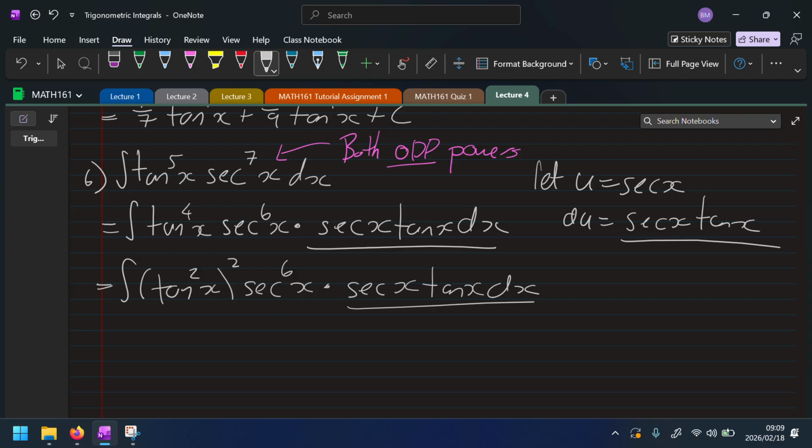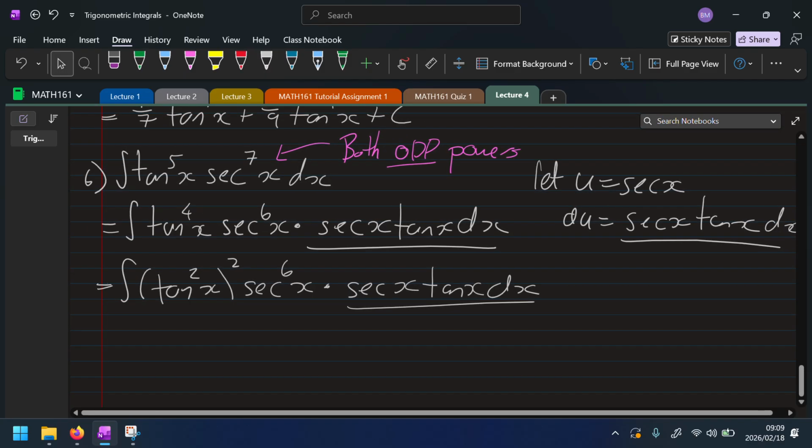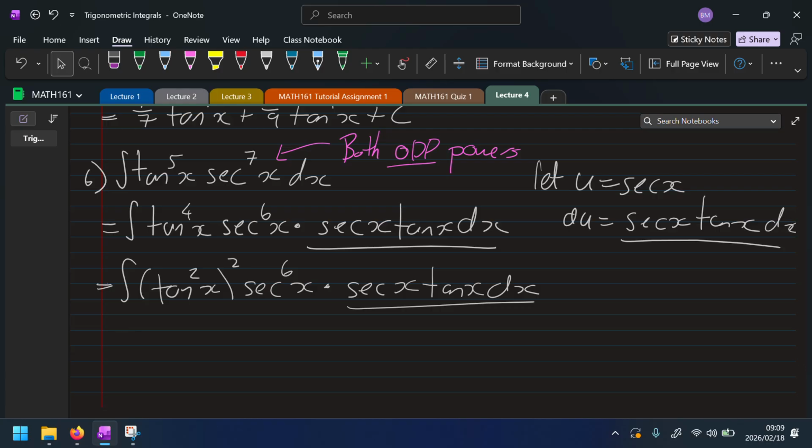And again, this part here, that's our sec x tan x. Okay, so we still want that tan squared to become something with sec squared. So how can we rewrite it? Sec squared minus 1, right? Everyone agree? Sure.